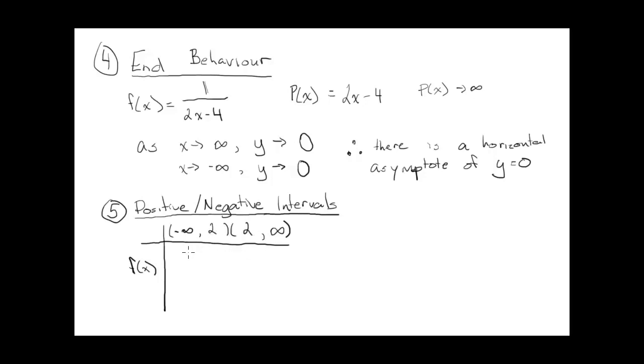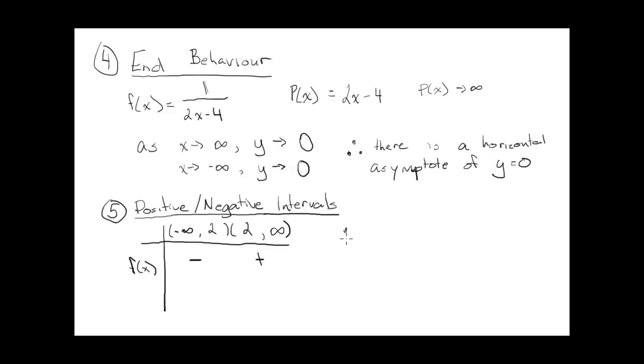So now what you're going to do is take a value between negative infinity and 2. So 0 would be an example of a number in that interval. Substitute it into f at x and just determine, do you get a positive or a negative number? And you get a negative number. If you substitute in a number bigger than 2, like 10, you get a positive number.